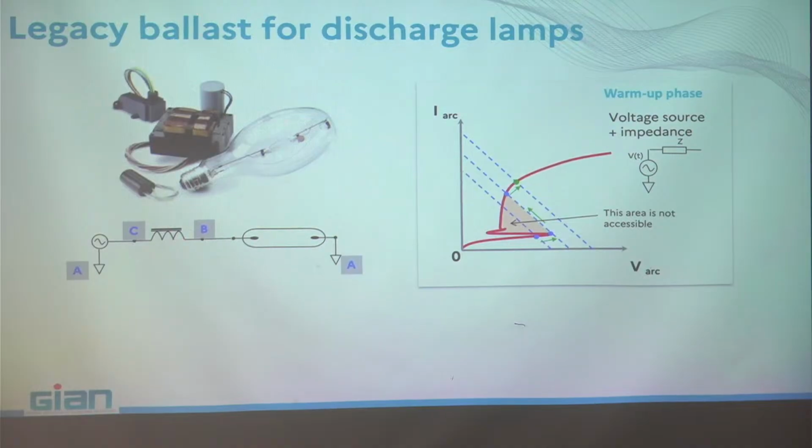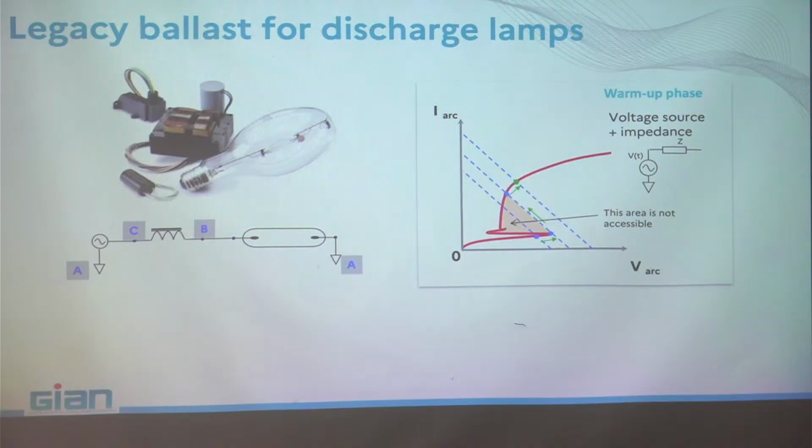Yeah, this is the legacy ballast for the discharge lamps. The legacy ballast was what? Just a bulk inductor with a ferrite core. Here, if you calculate the apparent inductance, we are speaking about 1 point something Henry.